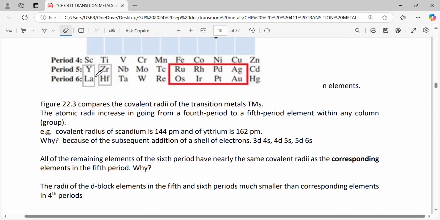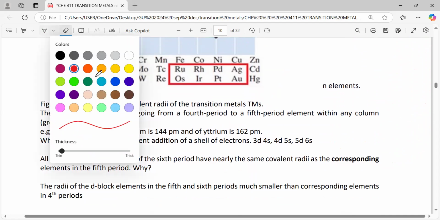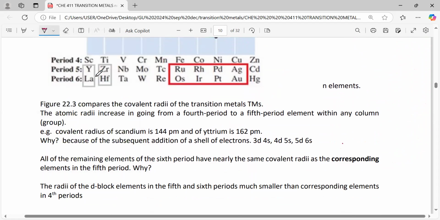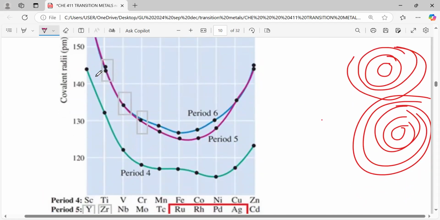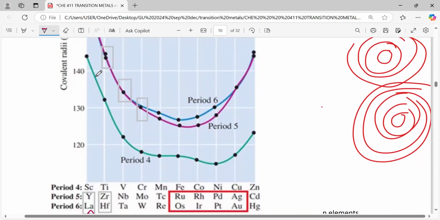So you are told the covalent radius of scandium is 144, for example, but the one of yttrium is 140. And this information that we are being told about is indicated again in that graph.